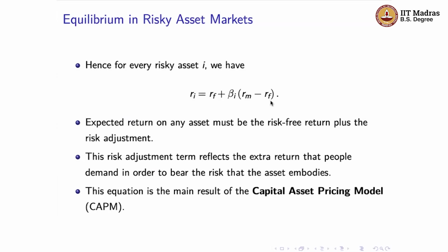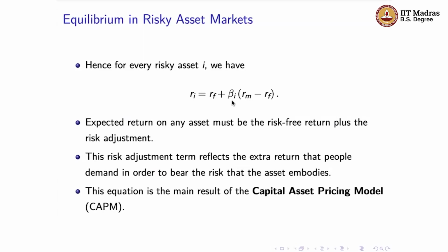So notice one thing, that this can be higher or lower than the risk-free rate, right? Depending on the sign of this beta I. So Rm clearly is more than Rf, as you would expect, but beta I can be positive or negative, and so Ri can be more or less than the Rf, right?